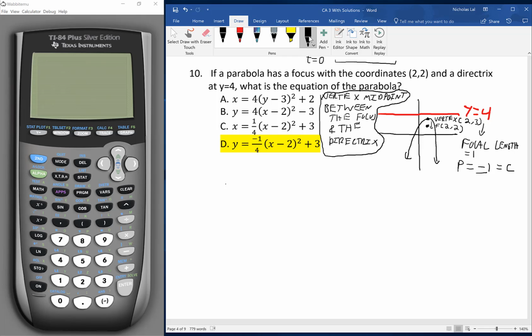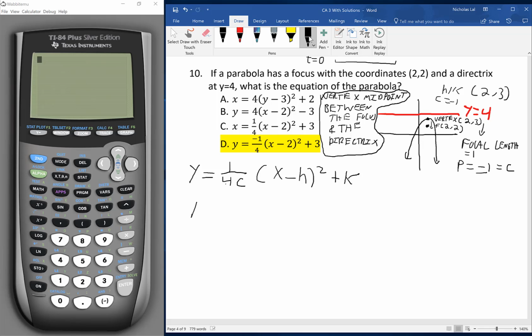So we take the standard form of a vertical parabola: y is equal to 1 over 4c times (x minus h) squared plus k. And make sure that we plug in our values here. So remember, hk, sorry, that's going to be 2, 3, and c is equal to -1.